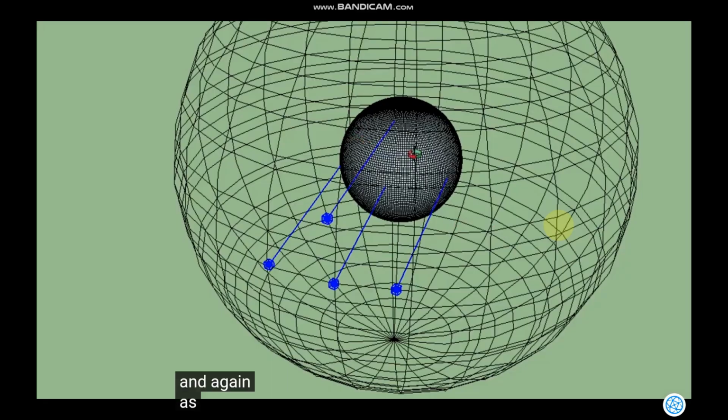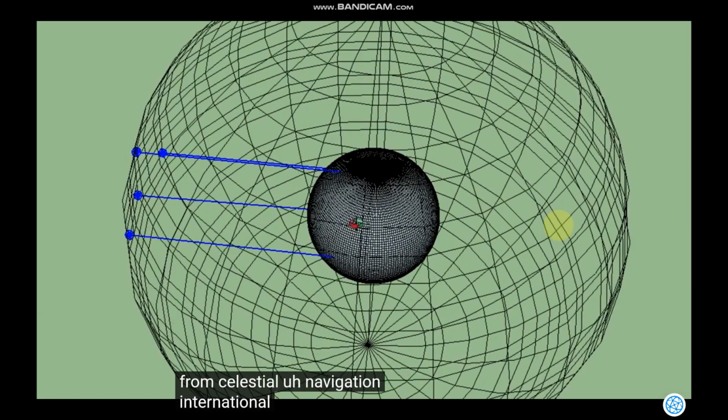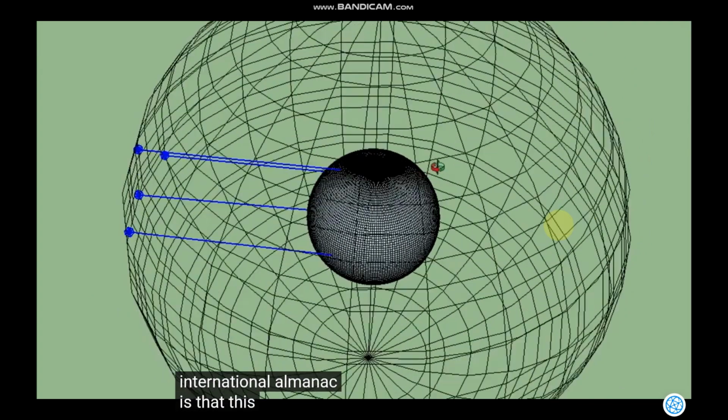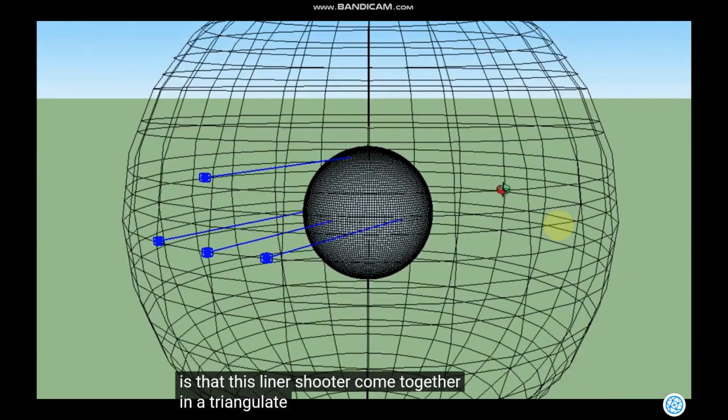And again, as you can see, the claim from celestial navigation and the Nautical Almanac is that these lines should come together and triangulate.